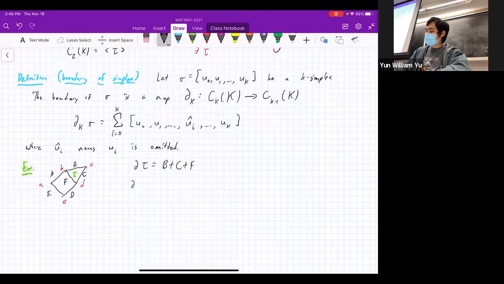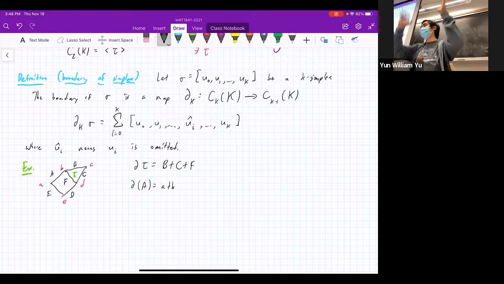Yep. And what's the boundary of A? Yeah, so A plus B. So basically, the boundary operator lets you go from something higher dimensional down to something lower dimensional. And of course, since this is defined on all simplexes, this also becomes defined on sums of simplexes. And so this is an operation that's defined on i-chains in general.